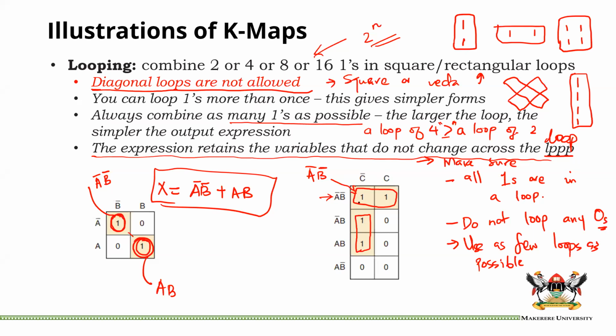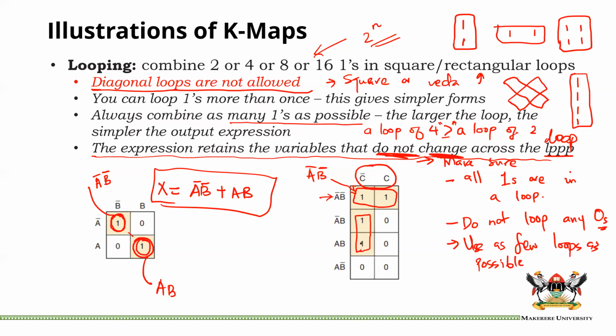This one corresponds to C inverse, that one corresponds to C. Because the loop changes across the C dimension, C disappears. That's why we say that the expression retains variables that do not change across the loop. Now, across the loop, A inverse B inverse hasn't changed, but C has changed from C inverse to C. So C will disappear.